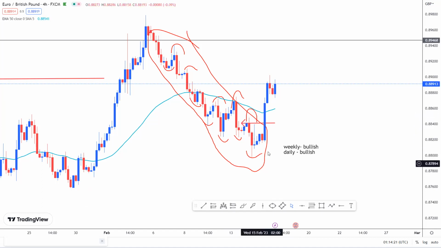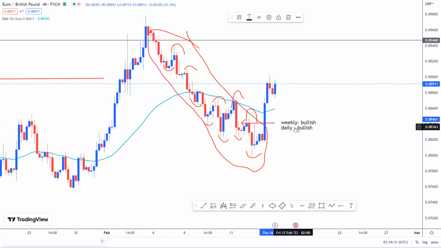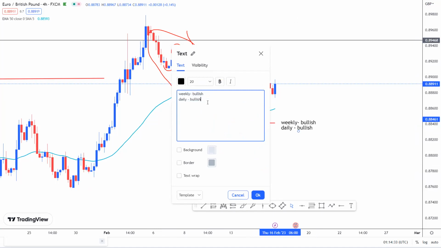But clearly we can see that we have a nice bullish candlestick that closes above this swing high, shifting our market structure from bearish to bullish. So we have ourselves also the 4 hourly time frame bullish.